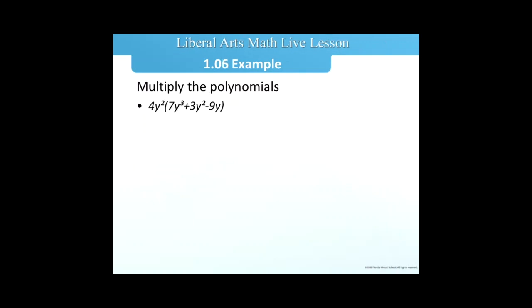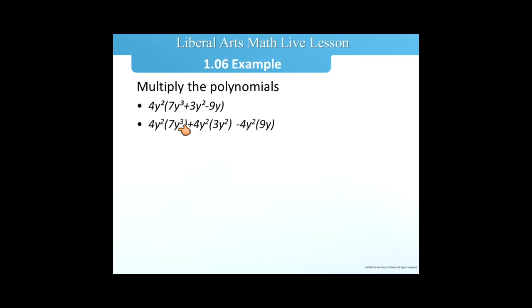And then lastly, 1.06, we're multiplying polynomials. The first example, we're multiplying a monomial times a polynomial. So here we have a monomial being multiplied by this polynomial. We're going to distribute this 4y squared to everything in the parentheses. So each one of these will be multiplied by 4y squared.